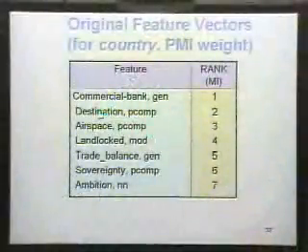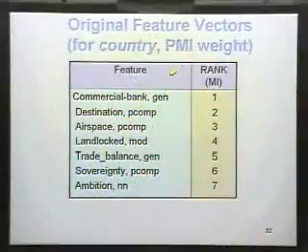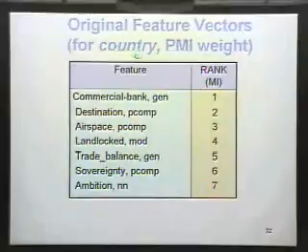Usually this distributional similarity gives you some semantic relatedness, but not a strict, tight relationship as we're after in entailment. And this is an example showing that when people use classical PMI, mutual information, these are the top features you get for a word like country.